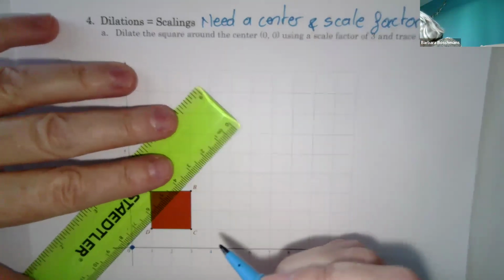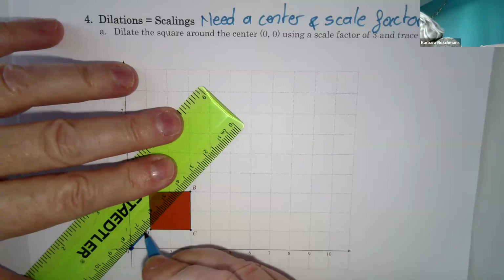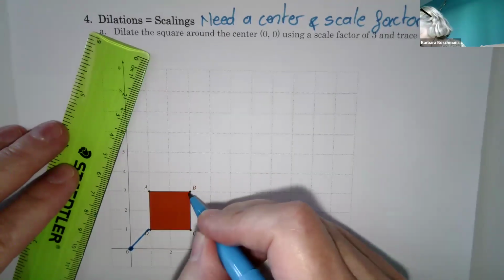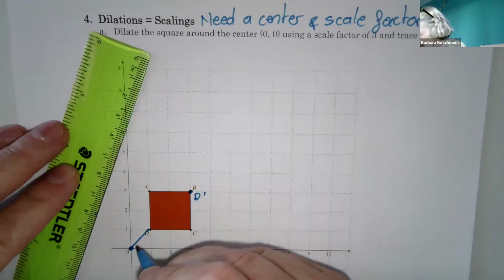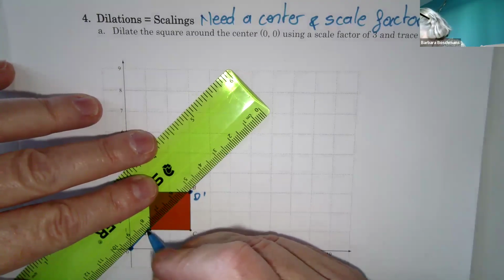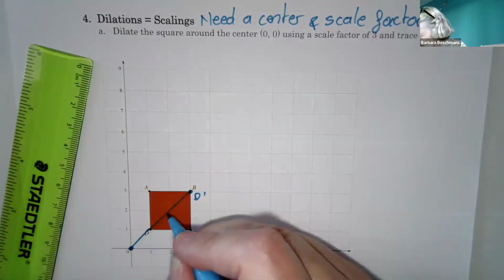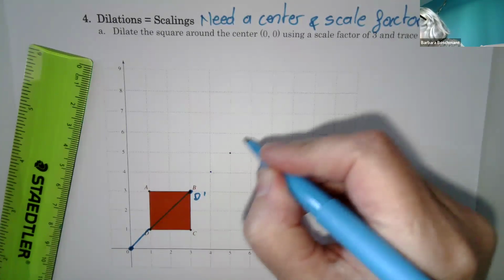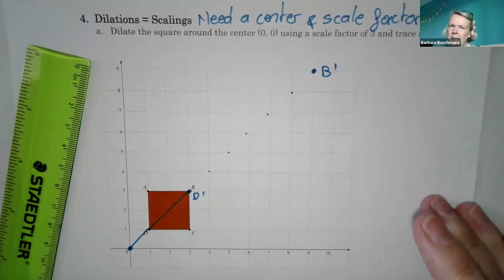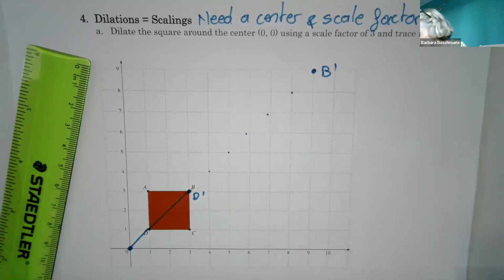I'm going to do this one first. So it's just one diagonal. I'm just going to count to 3 diagonals. That makes this D prime. If I go from 0, 0 to B prime, I can measure it again. There's 1, 2, 3, 4, 5, 6, 7, 8, 9. My B prime would be here because I'm multiplying the distance by 3.